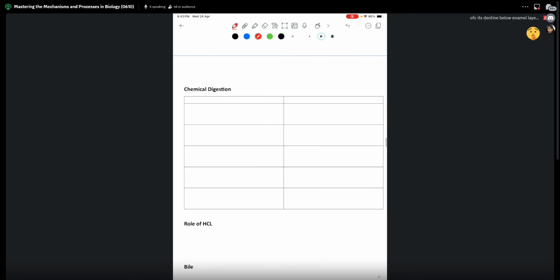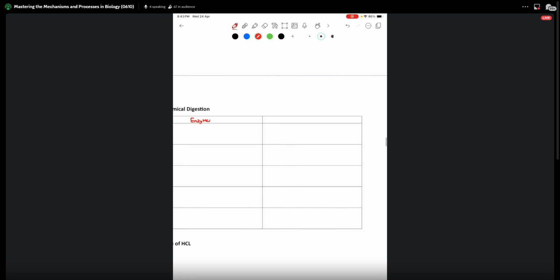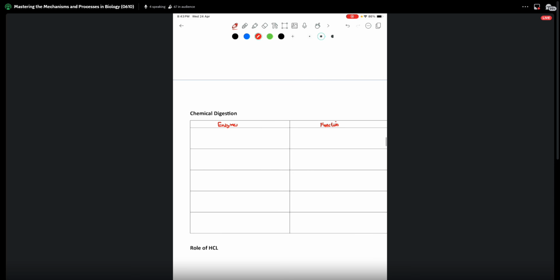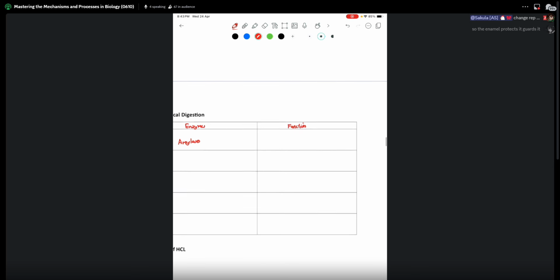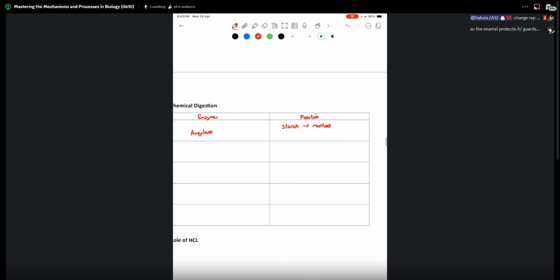So this is chemical digestion. So we go through some of the enzymes that happen in here. So these are the enzymes, and this is the function. For enzymes, we have amylase. So it's to break down the starch into the maltose.